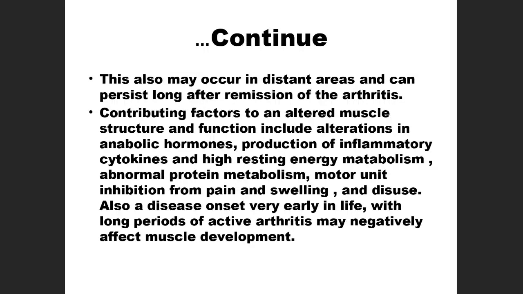Contributing factors to the altered muscle structure and function include alteration in anabolic hormones, production of inflammatory cytokines, high resting energy metabolism, abnormal protein metabolism, motor unit inhibition from the pain and swelling, and disuse of the muscles. All this together makes the changes in the muscles. Also, a disease onset very early in life with long periods of active arthritis may negatively affect muscle development.